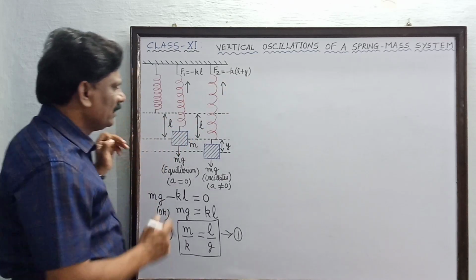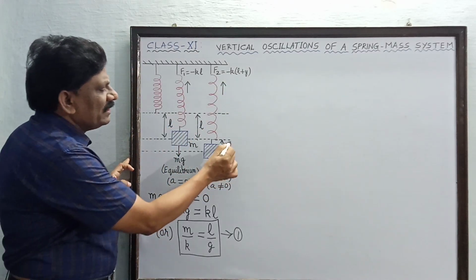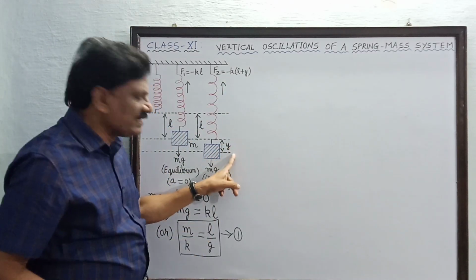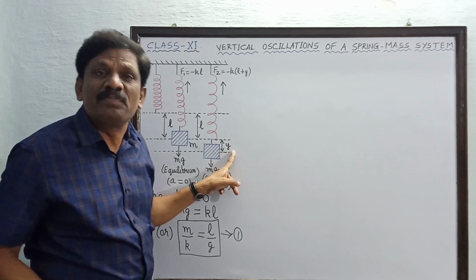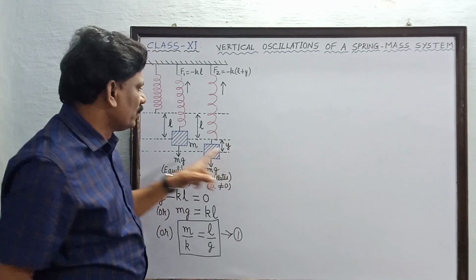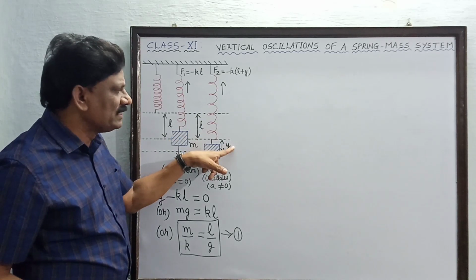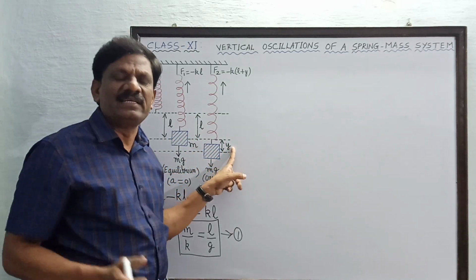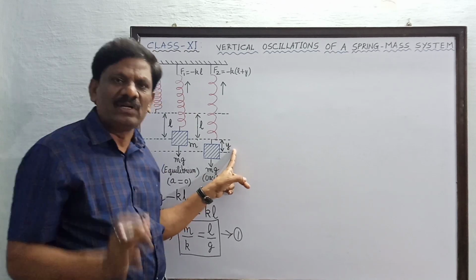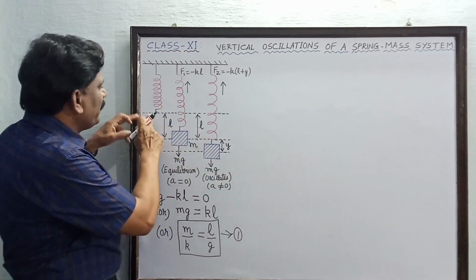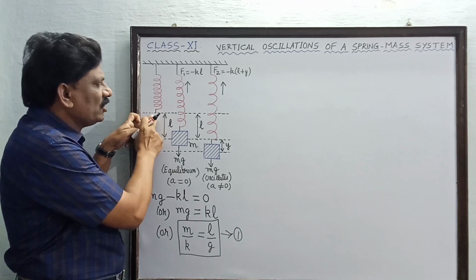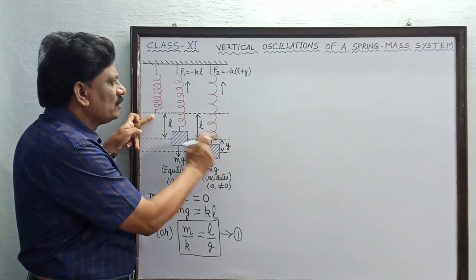What is y here? y is this further extension, or this is only called a displacement. Understand? L has already extended. Beyond this, by how much is the displacement in the y-axis? The displacement in the vertical direction is denoted by y. Therefore, with respect to the initial first position, totally now it is L plus y.